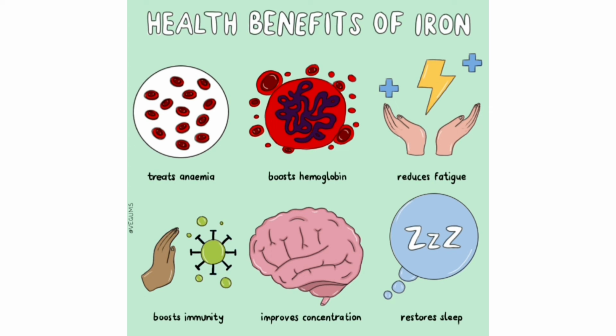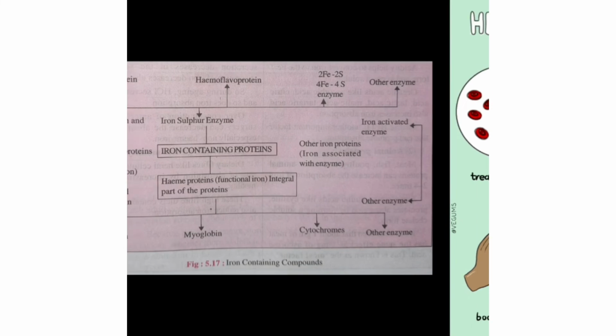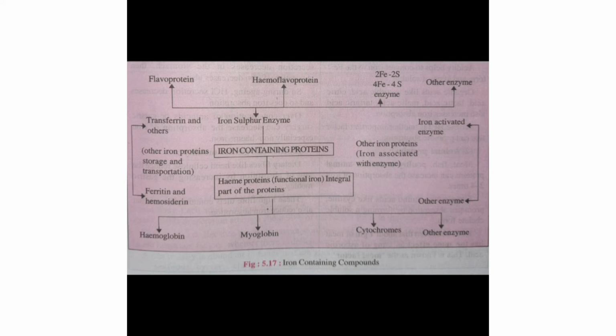Now I will show you an iron containing compounds chart. So this is it. Here you can see in the upper part the flavoproteins, the hemoflavoproteins. These are present, and other enzymes are also present. In the downward arrow, the non-heme enzymes, that is transferrin and others, are present. For iron storage and transport, ferritin and these compounds are very important.